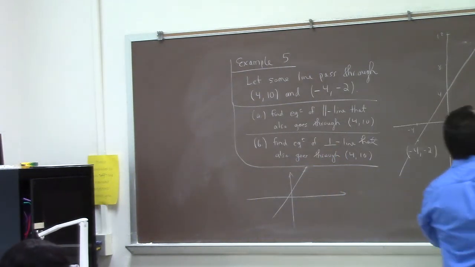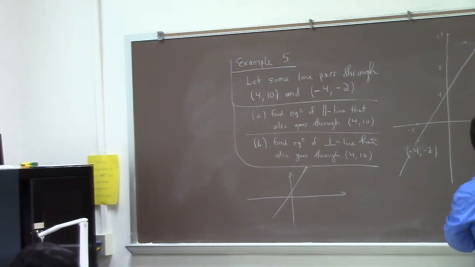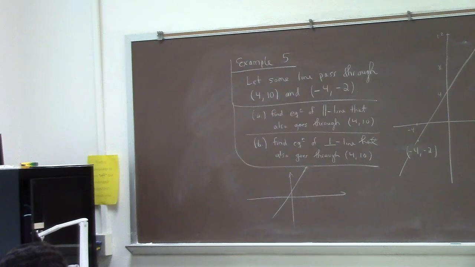Yeah, find the slope again. So let's find the slope m of the given line. m is (y2 minus y1) over (x2 minus x1). So we've got (10 minus (-2)) divided by (4 minus (-4)).